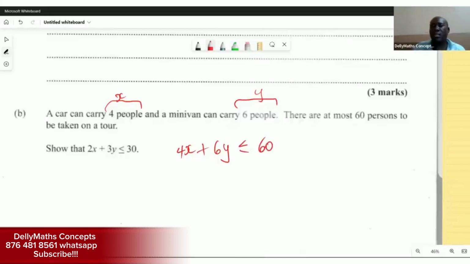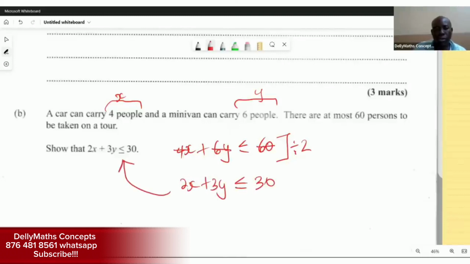But if we want to show the given inequality, we divide everything by 2. 2 into 4X gives us 2X, 2 into 6Y gives us 3Y, and 2 into 60 gives us 30. Hence, we would have shown that. So you could have picked up that mark, and we move on.